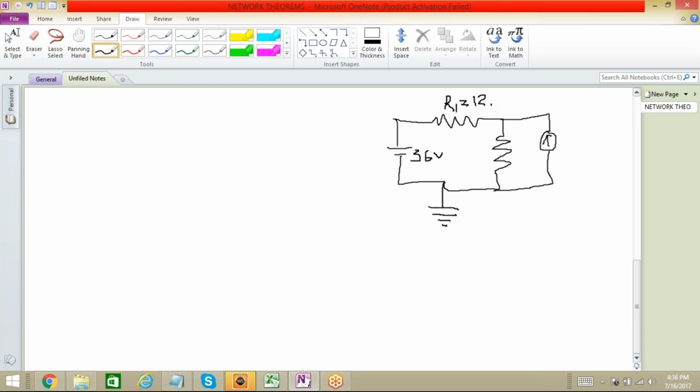Similarly, this is my R2, let's put it at 6 ohm. Then here it is a current source, and this is equal to, let's say, 9 ampere.